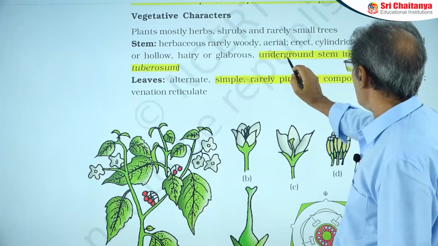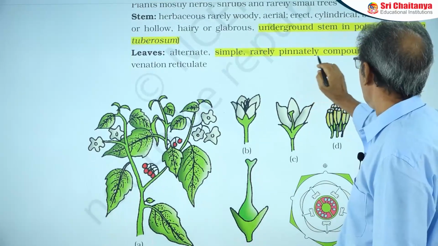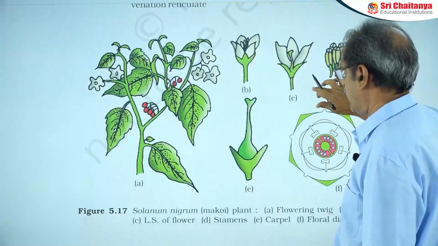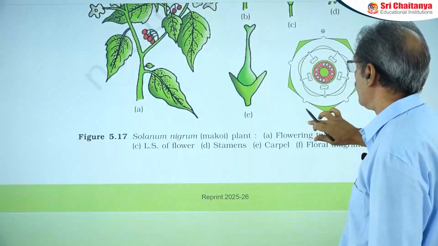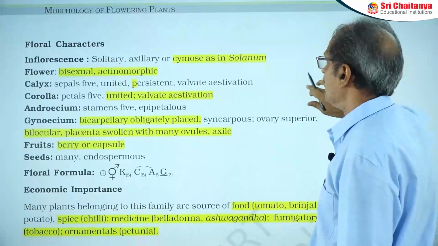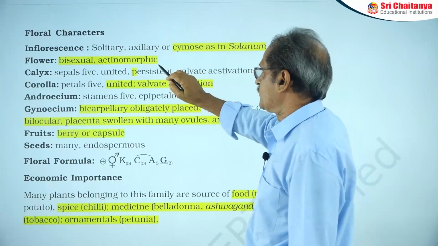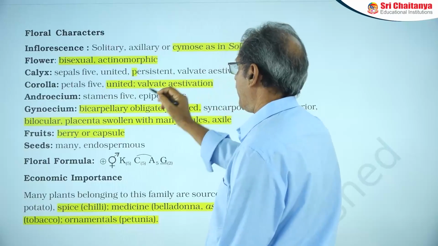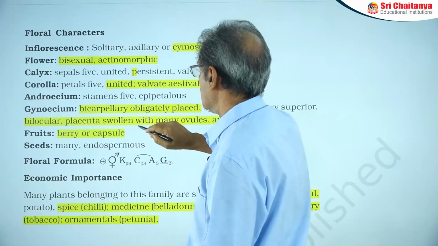Here the stem modification is potato, Solanum tuberosum, and leaves are rarely pinnately compound, usually simple. This is the Solanum nigrum diagram. The example quoted is Solanum nigrum, or Makoi. Here the inflorescence is cymose, flower bisexual and actinomorphic, calyx 5, valvate aestivation, petals 5, valvate aestivation, united gamopetalous.